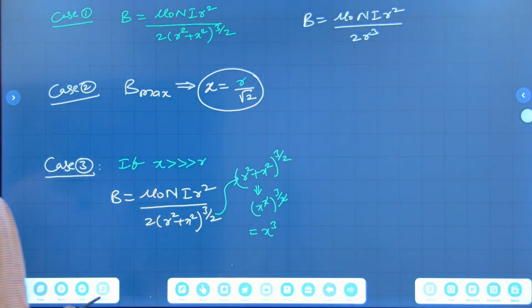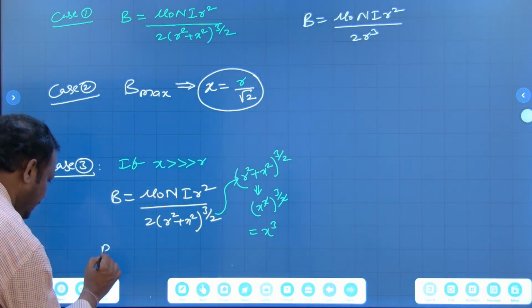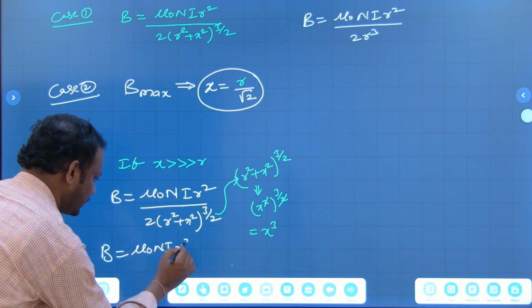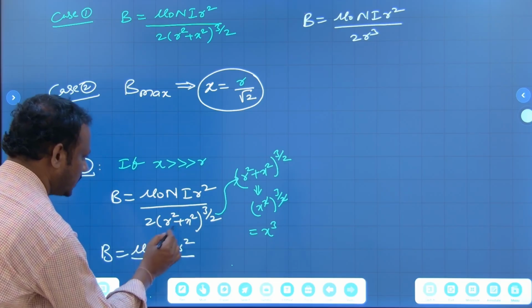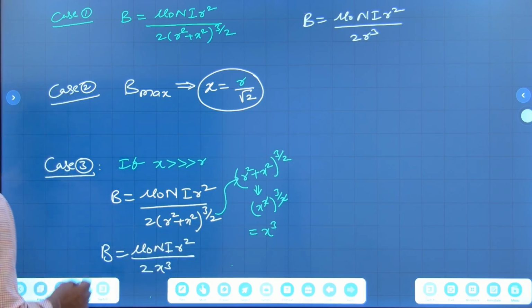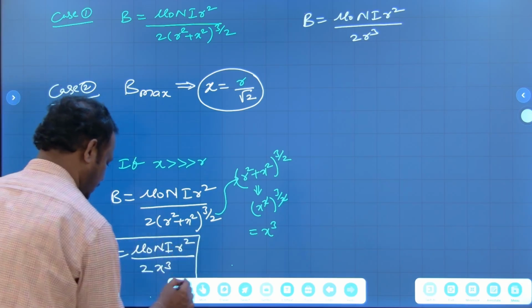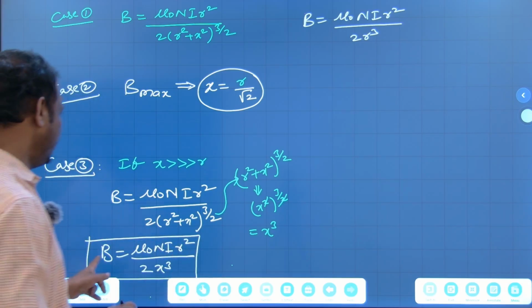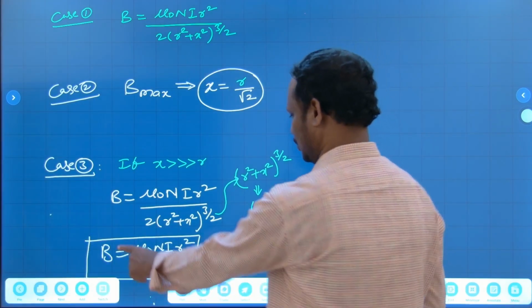Now we can write the equation: B is equal to mu naught N I R square by 2 X cube is the relation. Next, I am multiplying and dividing with pi to get some relation.